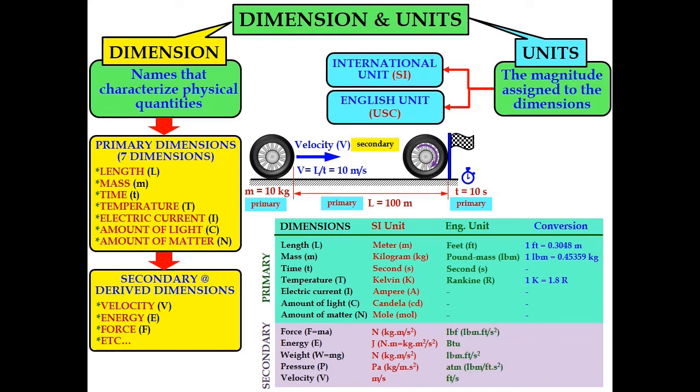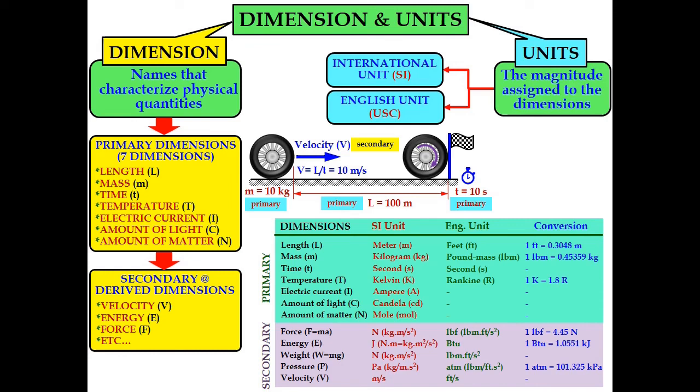Okay, so in terms of English unit, for force we use lbf, which is pound force. Energy uses BTU, weight uses lbm feet divided by second square. For pressure, English unit uses atm, and for velocity, feet per second.